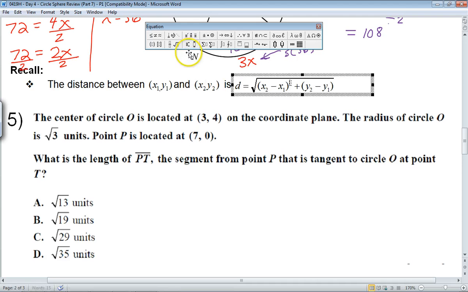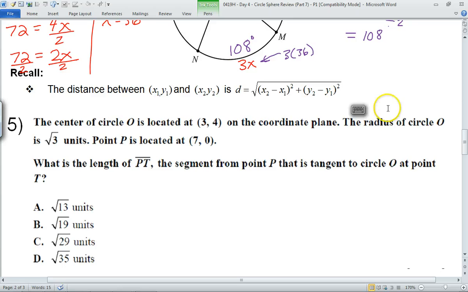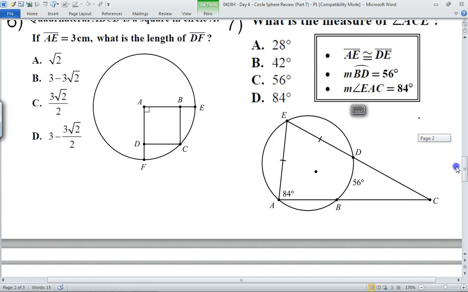These are supposed to be squared, you guys. I'm embarrassed. So these should be squared. So please fix that. Do not learn that wrong because of my typographical error. So x minus x squared, y minus y squared. So that's the distance formula. That's what I'm about to use right now.